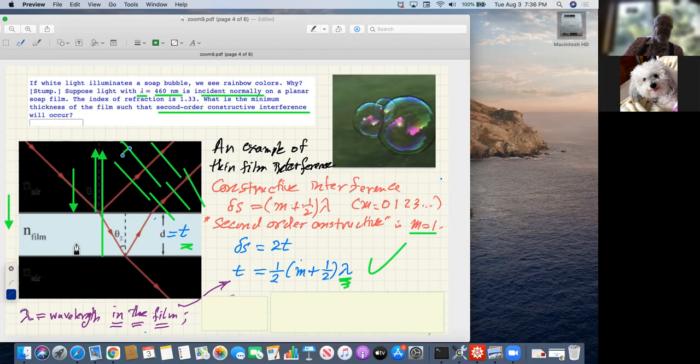And this wavelength is lambda in the film. So you have to be careful. Lambda in the film is not equal to lambda in the air. The speed of light is slower in the water than in the air.